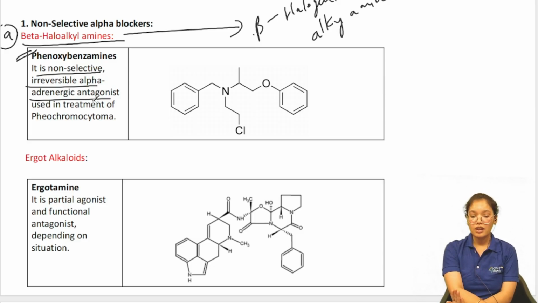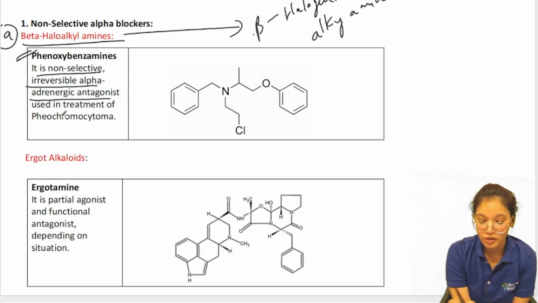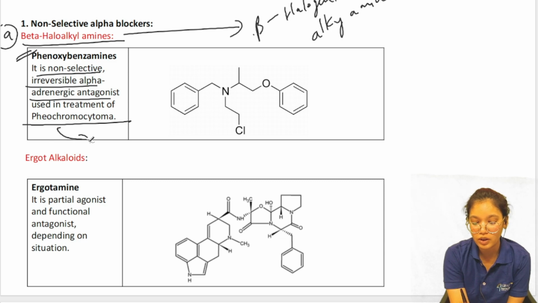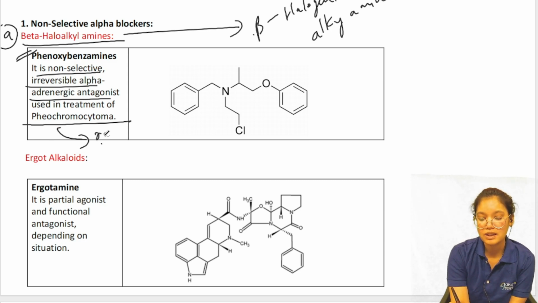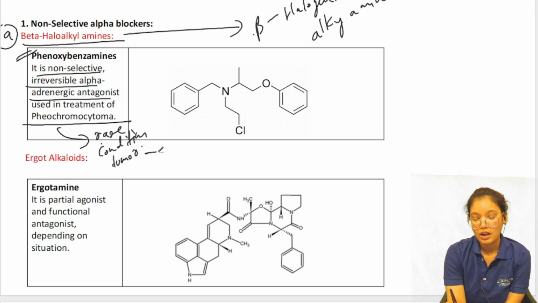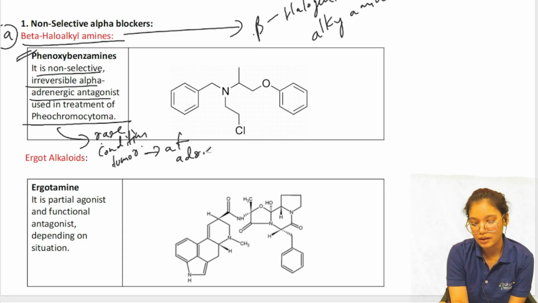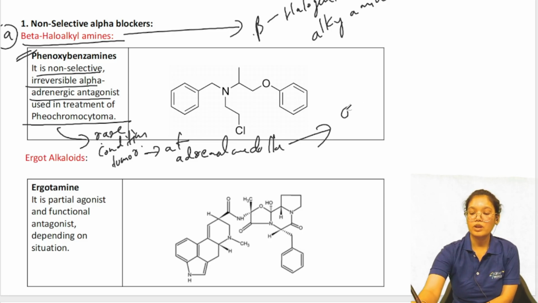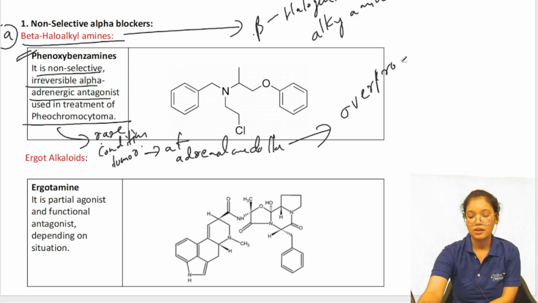Now this non-selective drug is used in the treatment of pheochromocytoma. Now what is this pheochromocytoma? This is basically a rare condition, or we can say a rare tumor at the adrenal medulla, which results in the overproduction of catecholamines.